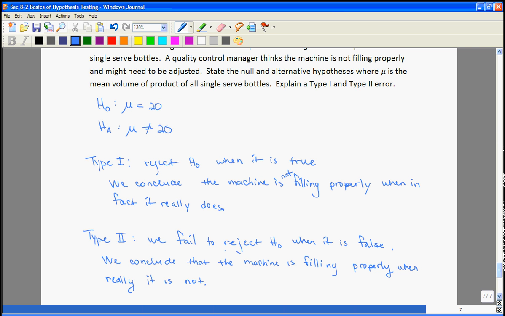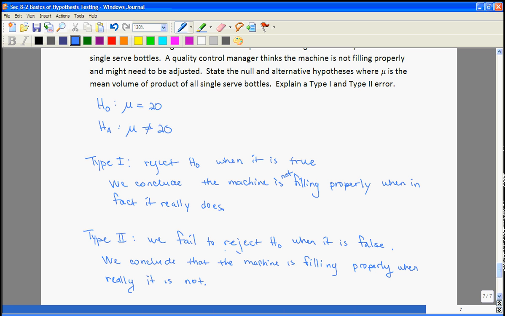So in type 2, there really is a problem and we don't catch it. So we're saying, oh, it's fine, it's filling at 20 ounces, when maybe some shipments go out and they're not quite 20 ounces or maybe they're a little bit above. So this mistake here is we fail to reject H naught when H naught really is false. Type 1 is we reject H naught when in fact it is true. So it takes a little bit to wrap your head around those.